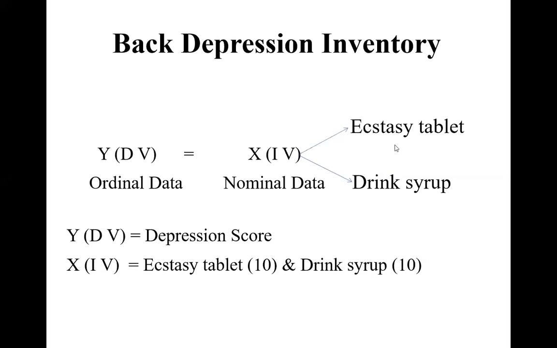The doctor is giving the ecstasy tablet to 10 patients, and to another 10 participants he is giving syrup. So these are two mutually exclusive categories. Here we want to know whether the ecstasy tablet or the drink syrup is working to reduce the depression level.